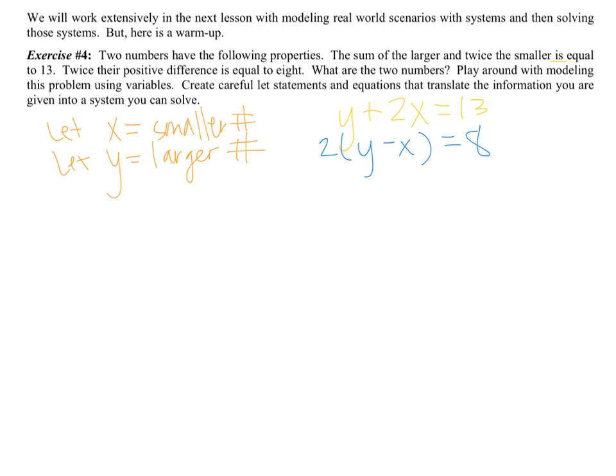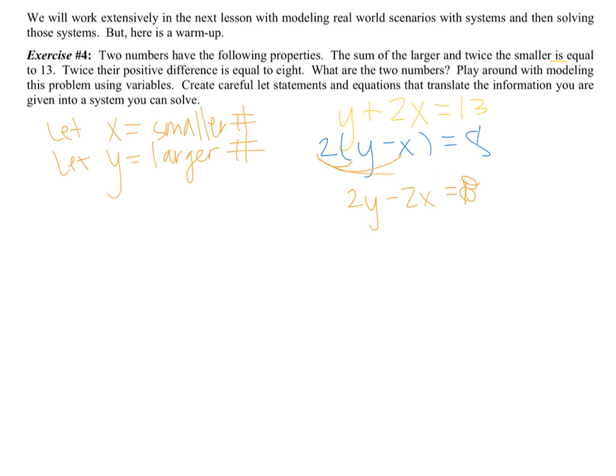So now we need to do distributive property with the second equation to kind of see what we're dealing with. So this equation becomes 2y minus 2x equals, still 8. I was wrong.